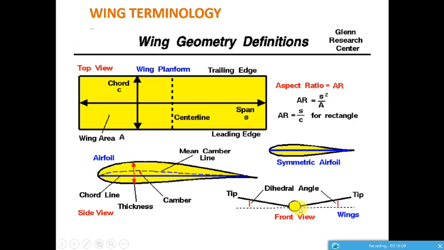If it has an anhedral angle, then the wing orientation will be down, as you see in fighter aircraft like the Jaguar. Usually dihedral angle is used for the stability of the aircraft, and anhedral angles are used for maneuverability. Usually sport aircraft use zero dihedral and zero anhedral, or a straight wing planform.